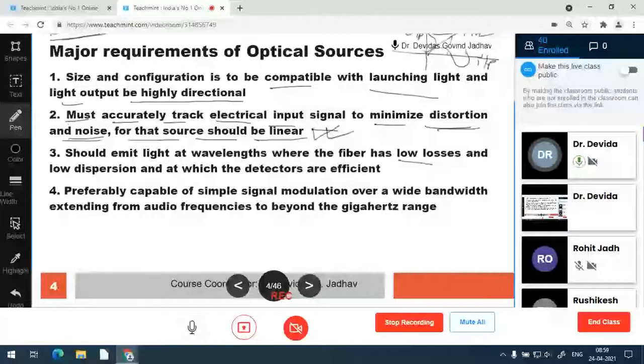So the source should emit a wavelength within that optical fiber communication window, that is 0.8 micrometer to 1.7 micrometer, or 800 nanometer to 1700 nanometer. So the source should be emitting a wavelength that is within the optical window.